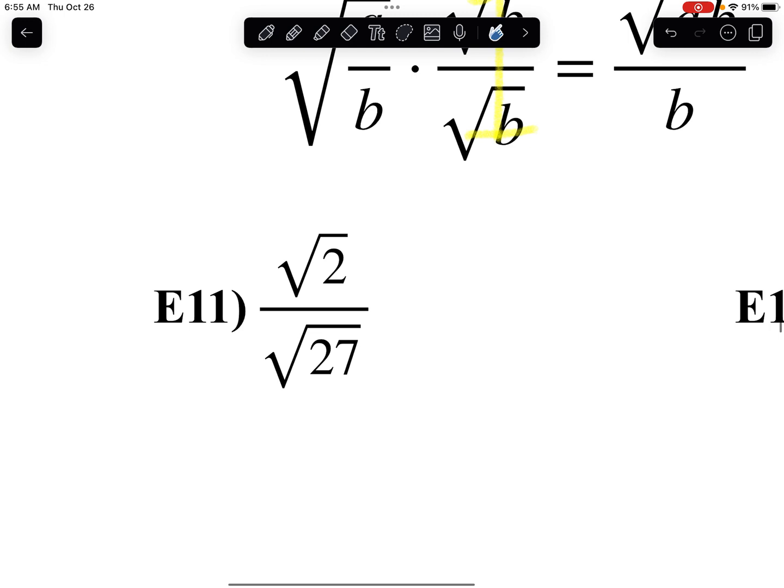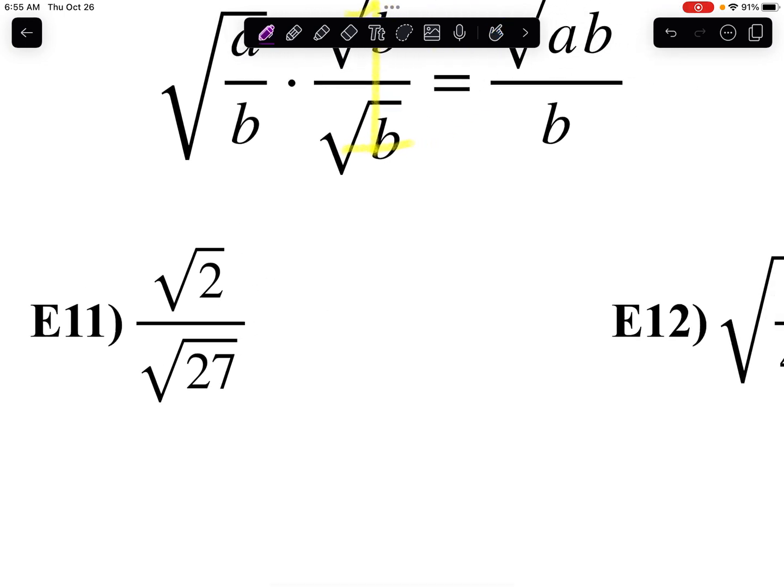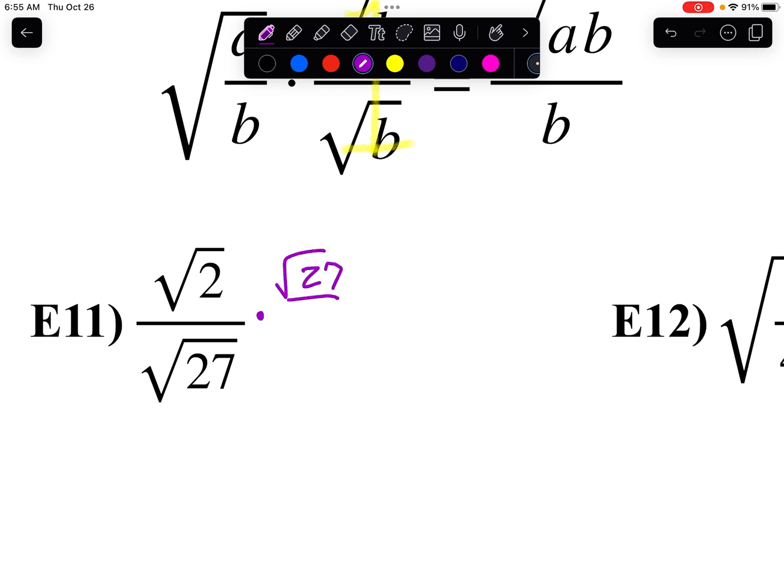So on example 11, we've got the square root of 2 over the square root of 27. Whatever is in the denominator, I'm going to multiply that out. So I get the square root of 27 times the square root of 27. 2 times 27 is the square root of 54, all over 27.